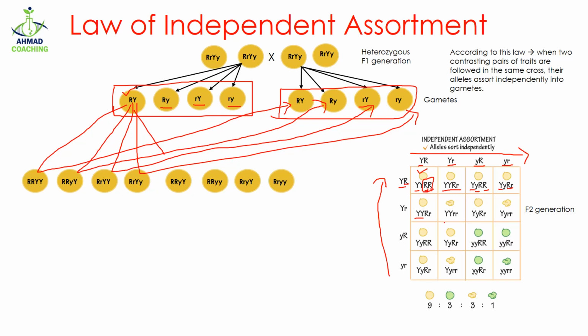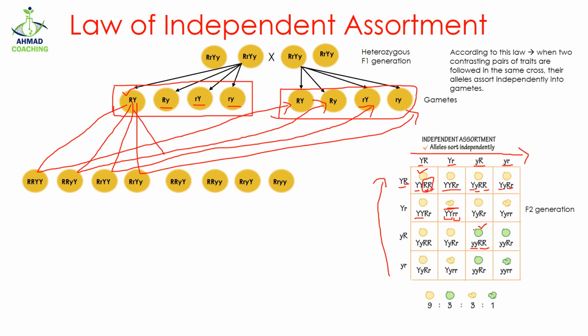Similarly, here we can see that capital Y means the seed is going to be yellow, but small r means that it is going to be wrinkled. So we can see that it is wrinkled. Similarly, here we can see that small y means the seed is going to be green, while capital R means that it is going to be round.